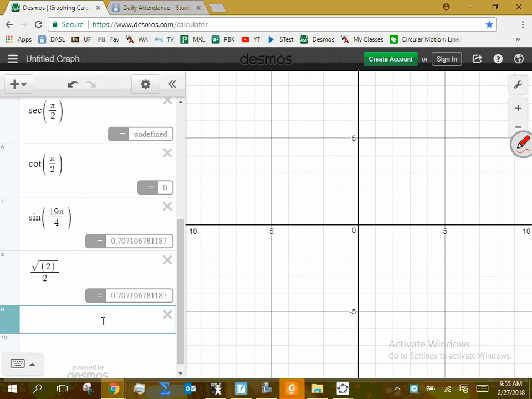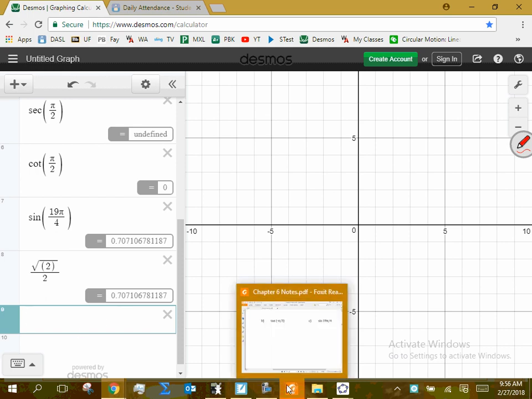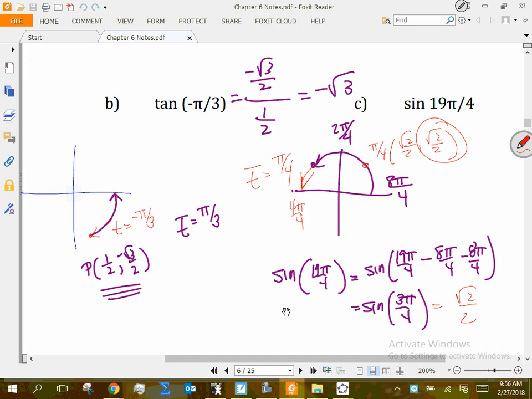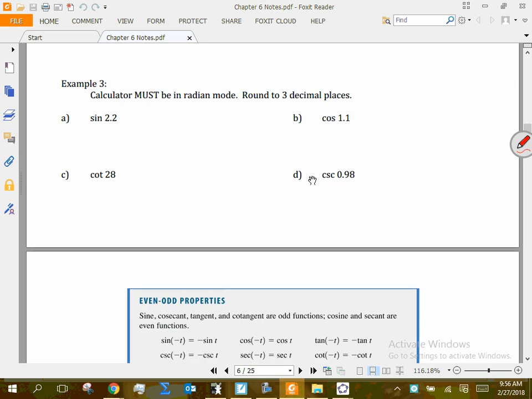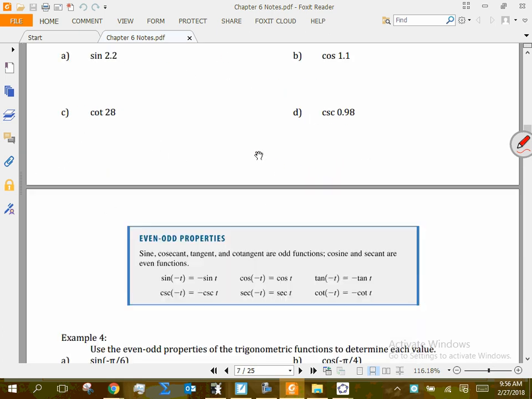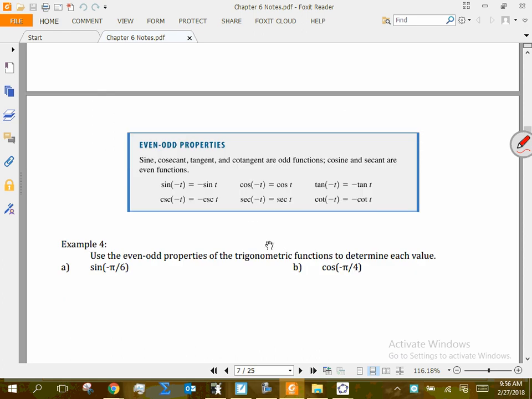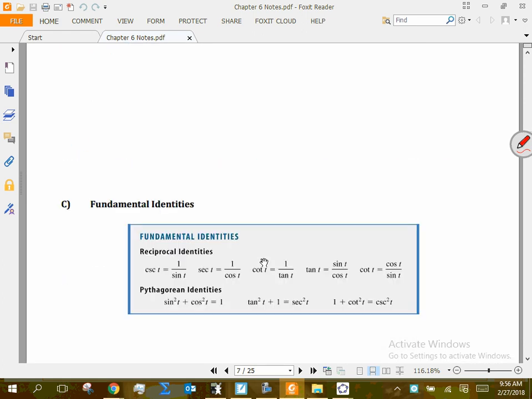Okay. Is that something we can kind of work with? There's some questions in your homework dealing with that. Tomorrow we will start. I'm going to skip these. That's just using your calculator, guys. That's something you guys can do on your own. Tomorrow we'll start with these even-odd properties. Okay, and that's going to help us get into section 6.3 eventually.